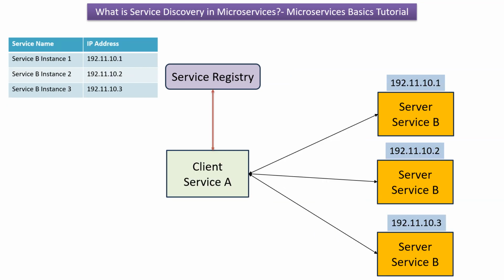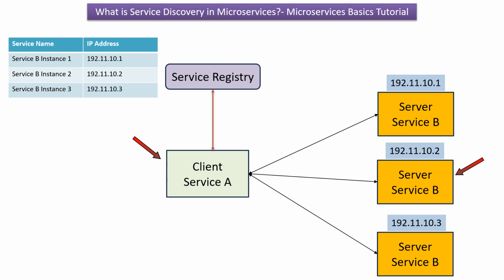In the case of client-side service discovery, the client checks the IP address of a particular instance with the service registry, and the service registry provides the IP address of that instance to the client. Then, using that IP address, the client sends the request to the particular instance. Suppose the client wants to send a request to service B instance 2.